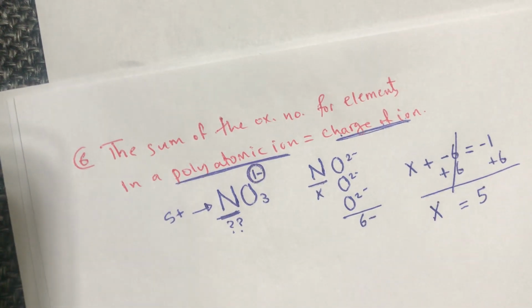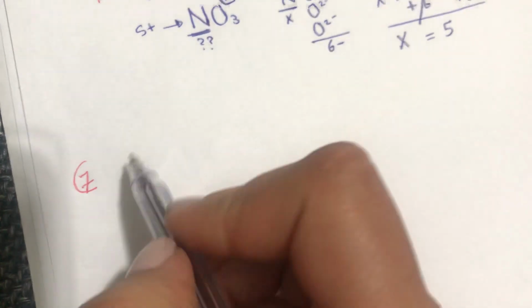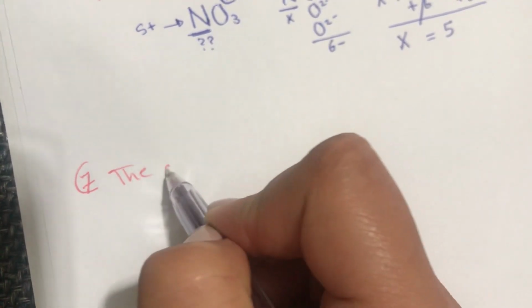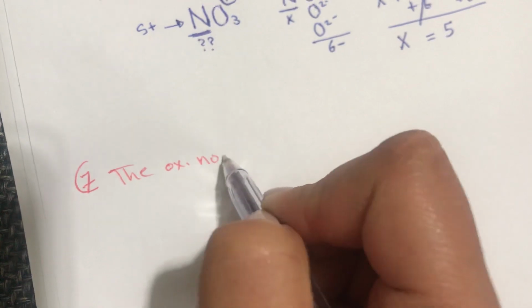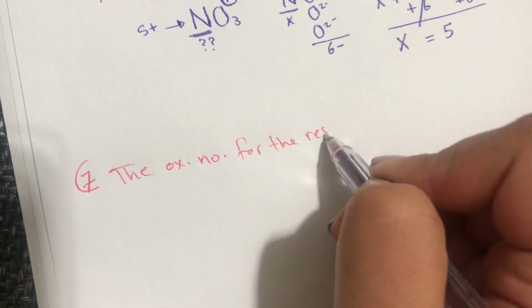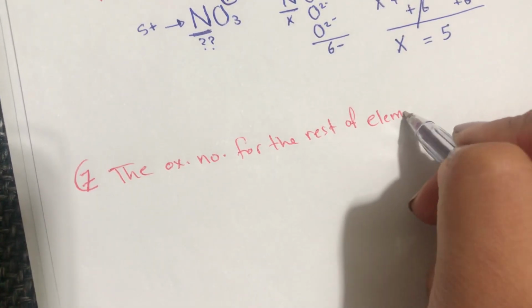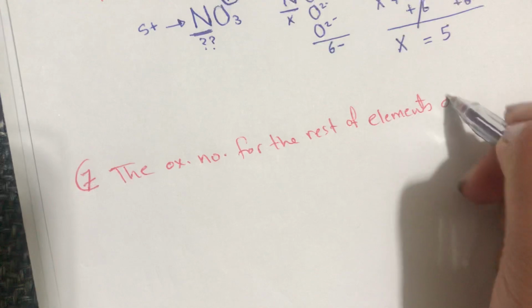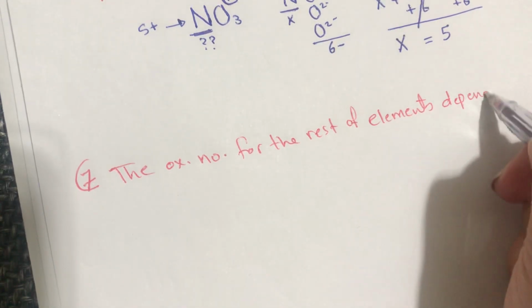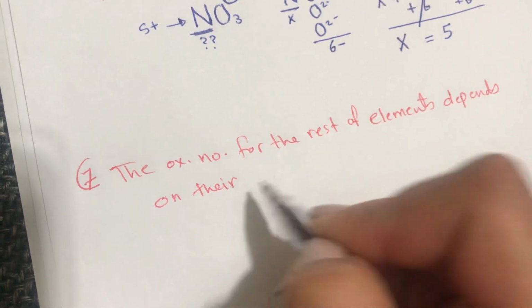Rule number 7. The oxidation number for the rest of the elements depends on their group.